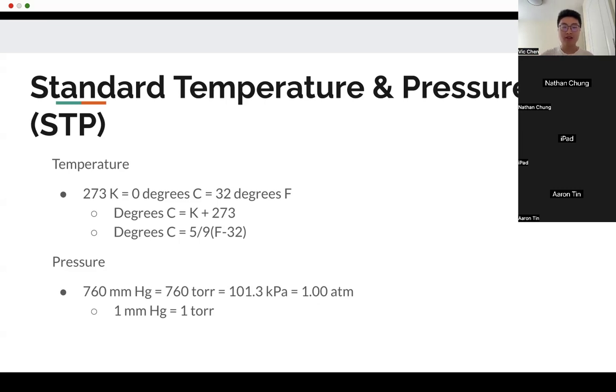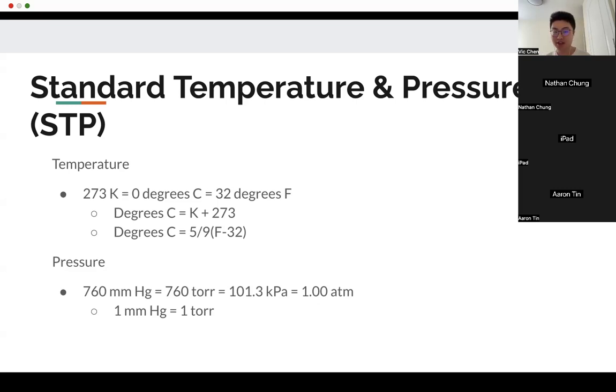Now, the standard pressure unit is 760 millimeters of mercury, not milligrams, I apologize, or 760 torr, or 101.3 kilopascals, or 1 atm, aka 1 atmosphere. Now, with this conversion, 1 millimeter of mercury is equal to 1 torr.